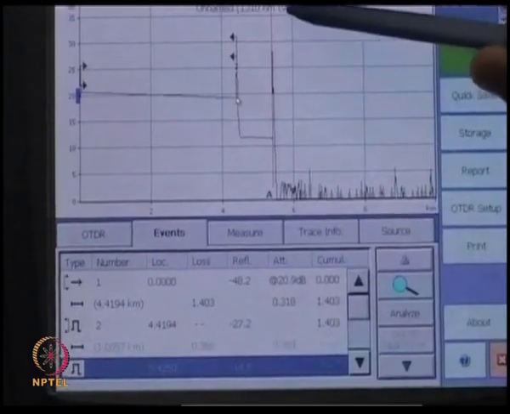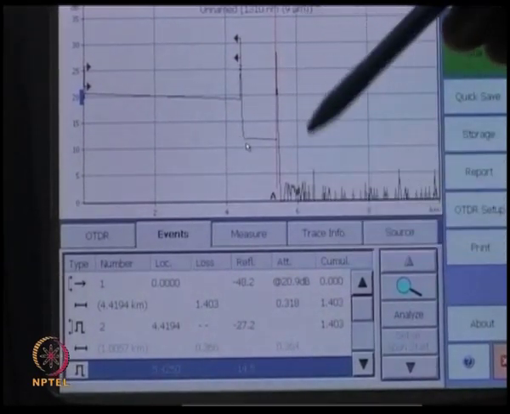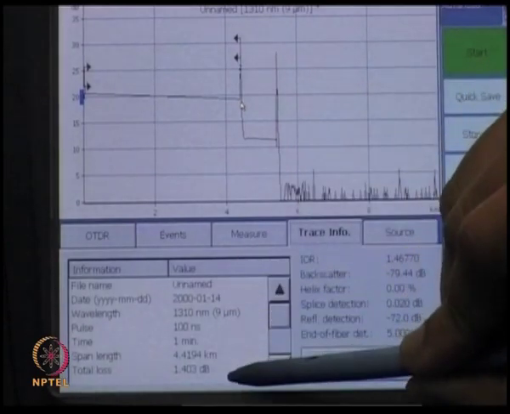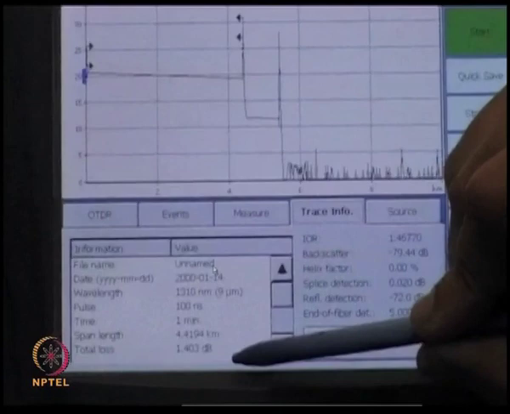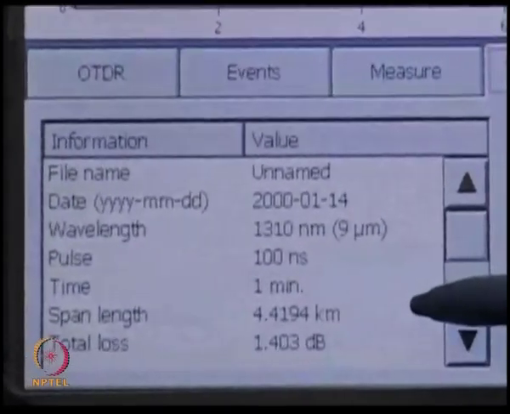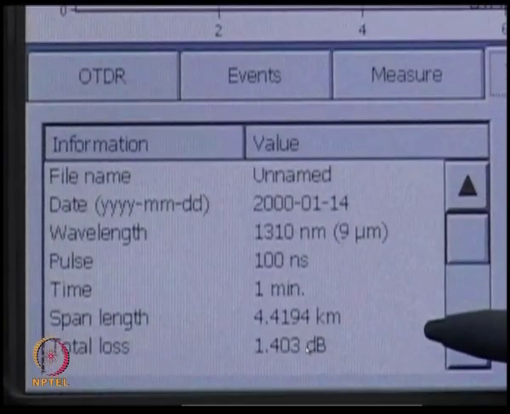So, you can see here because of the connector, the loss is significant here. So, it is not a good connector. These are the parameters for the first fiber, 4.4 kilometer distance, 1.4 dB loss.